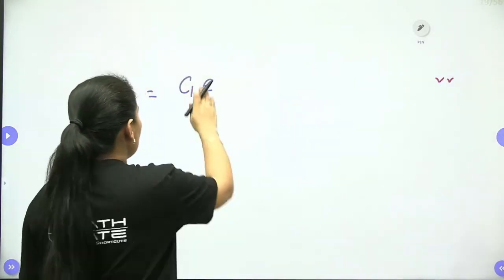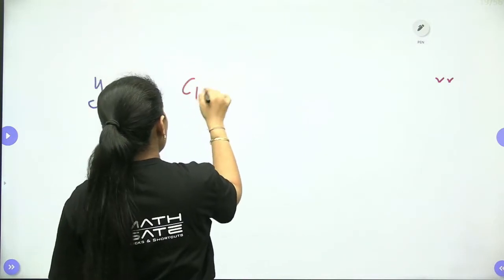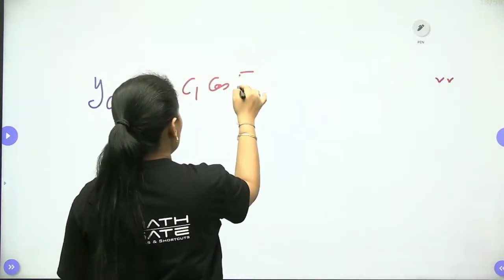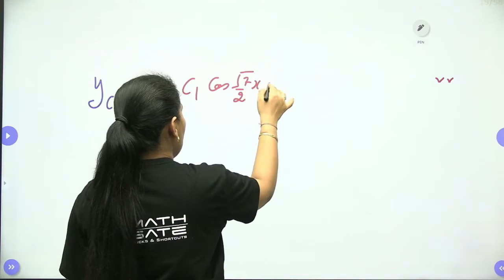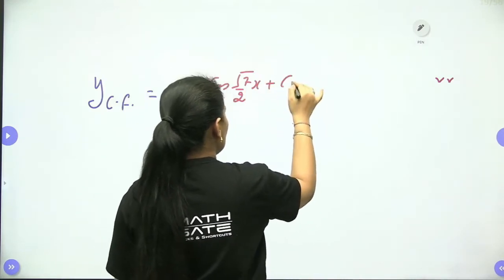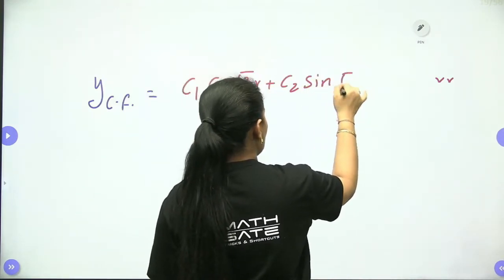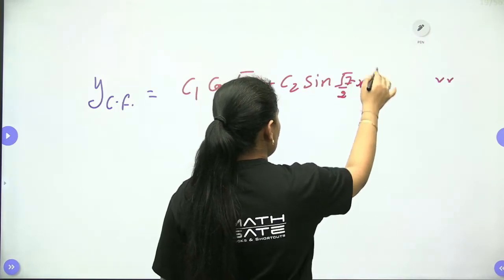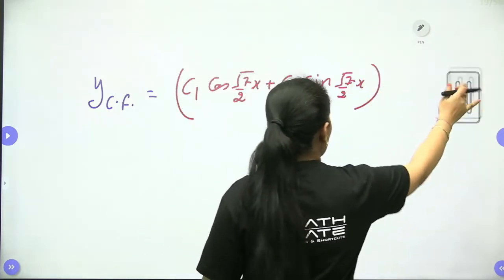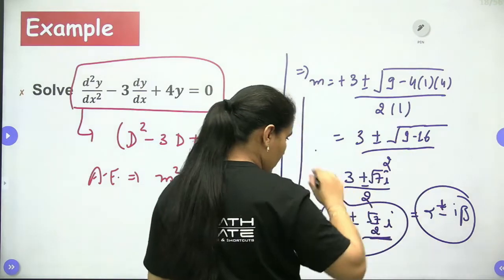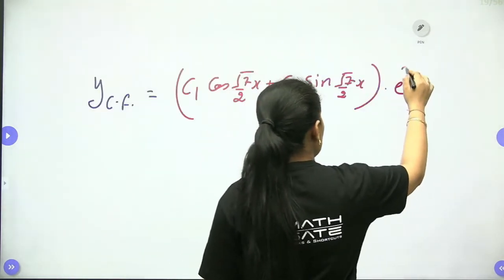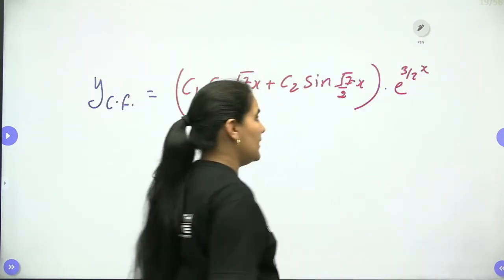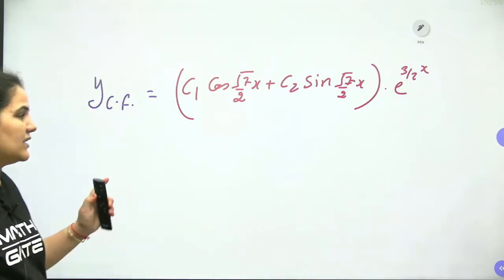So C1 cos of root 7 by 2 x plus C2 sine of root 7 by 2 x. And the real part will be in the exponential. So real part is 3 by 2, it will be e to the power 3 by 2 x only.